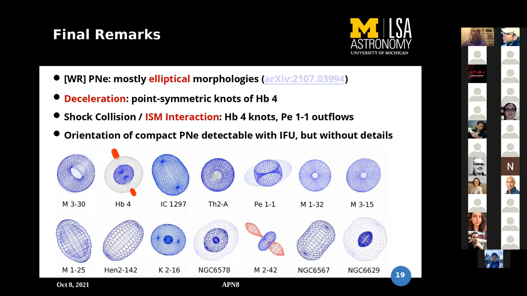There are around 10 planetary nebulae with MUSE data available on the ESO website, and they are interesting for physical mapping: temperature mapping, density mapping, and chemical mapping.